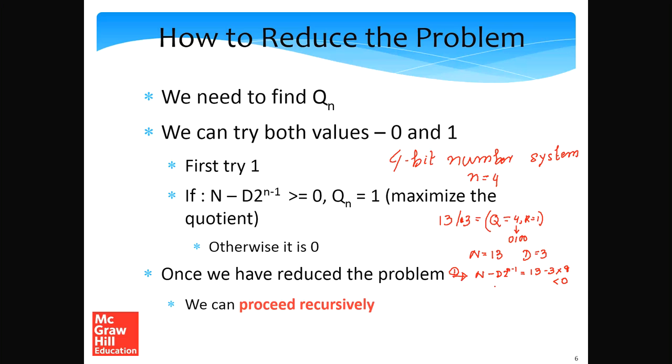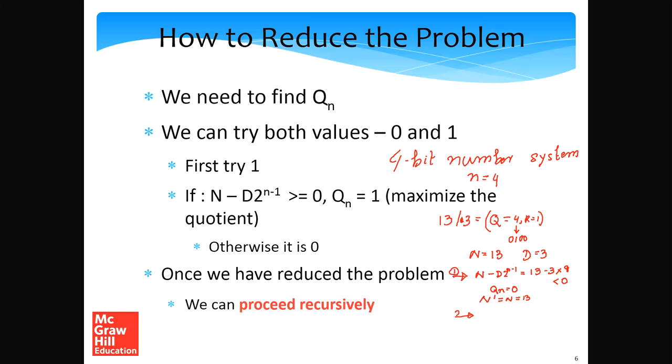As a result, we will set the most significant bit of the quotient to be 0. As we can see, this is the correct answer. In this case, n dash, which is the new dividend, will remain the same as the old dividend, which is 13.